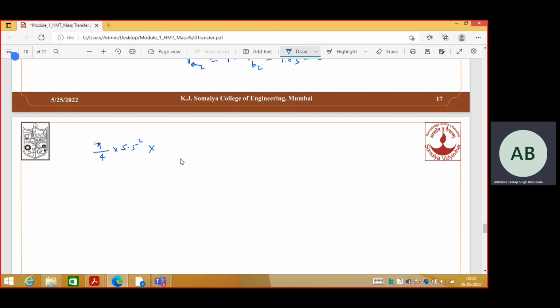The density is given, so we'll multiply by it. Convert 5.5 mm to meters by multiplying by 10 to the power minus 3. Then multiply by the density, which is 880. In this way we can calculate the mass of the benzene. The calculated value is 20.91 kg.